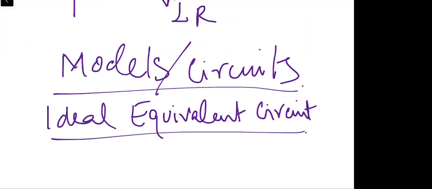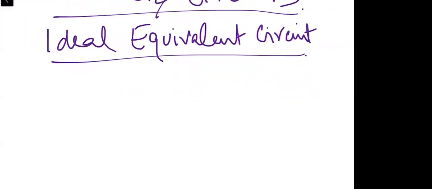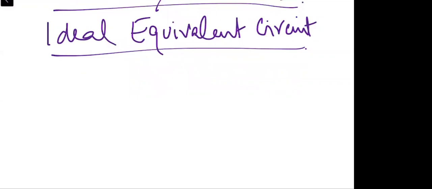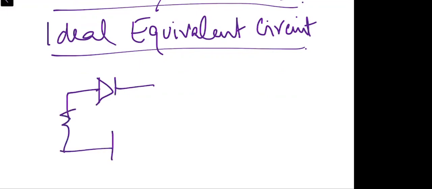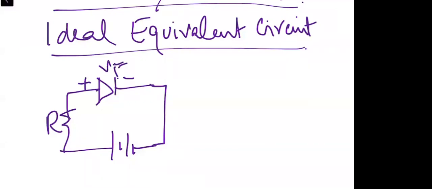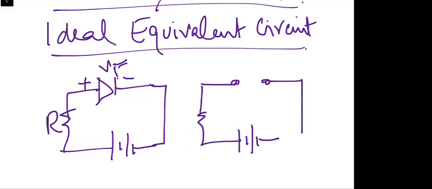So if the diode is forward bias, the diode will be behaving as a short circuit switch in the forward direction, right?